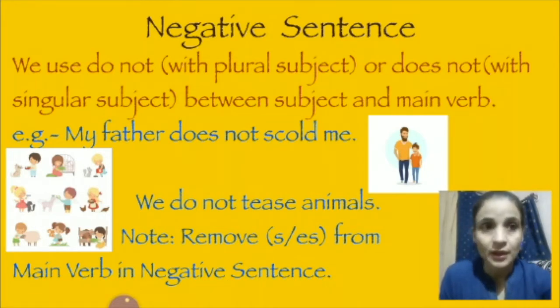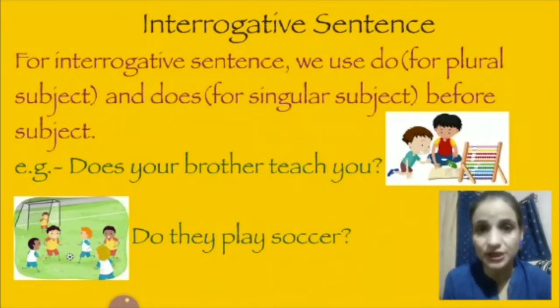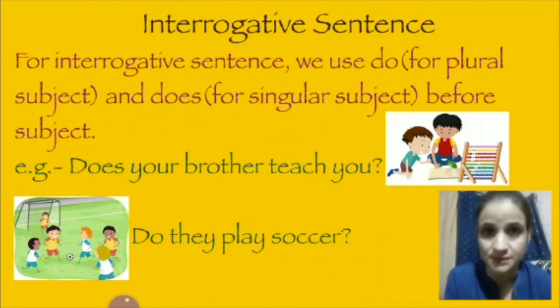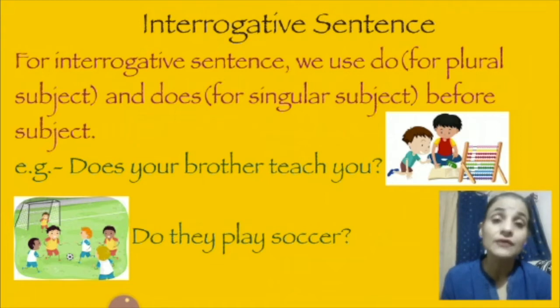Next is the interrogative sentence. How will we write an interrogative sentence in present simple tense? For that, with a plural subject we will use do, and with a singular subject we will use does before the subject. And at the end of the sentence, we will put a question mark, as you know, it's the identification of an interrogative sentence.